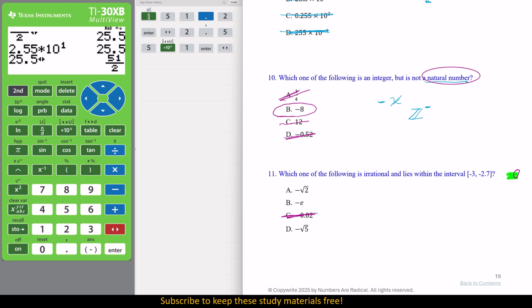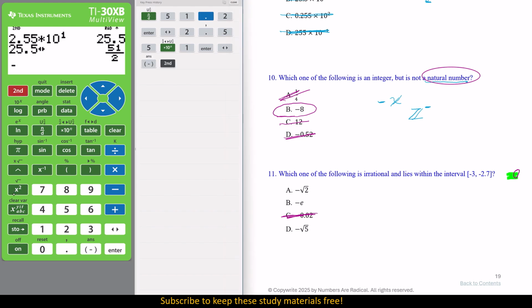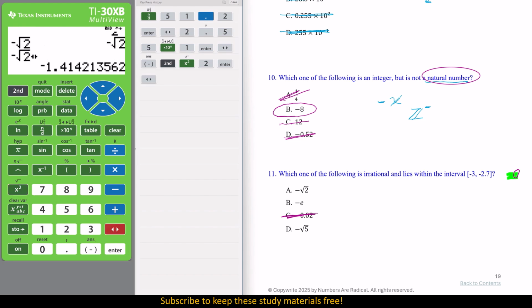Well, let's put some of these in the calculator. And we need to know what E is, and that's on our calculator. But before we do that, let's look at A. So we have negative, second, radical, 2. Good. Let's push enter, and we need our toggle. Ooh, yeah, that is closer to 0, but a little bit less than C was.